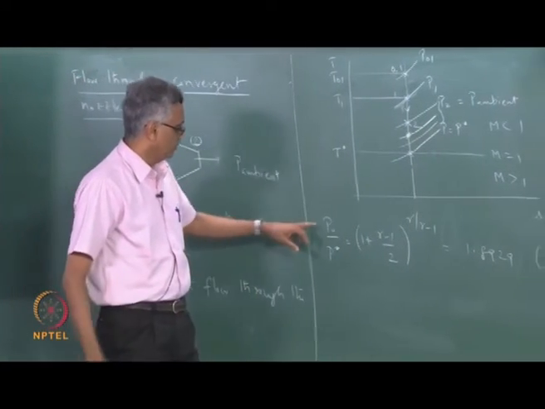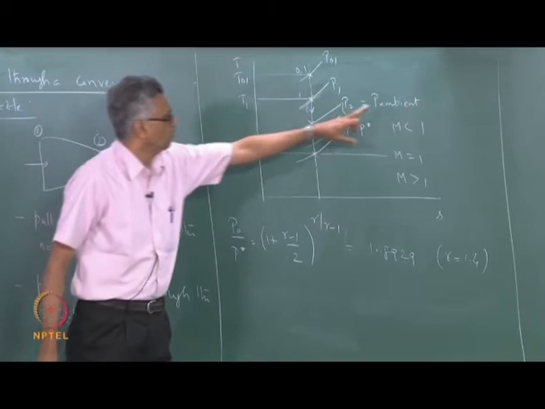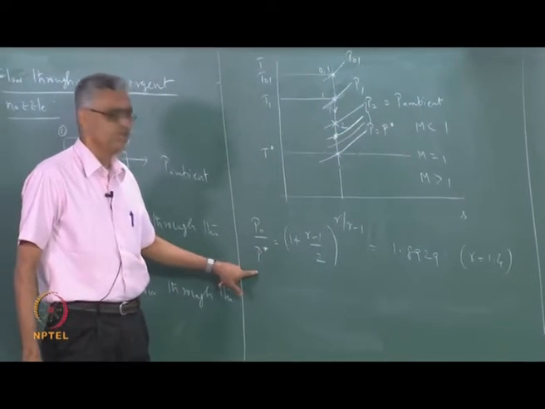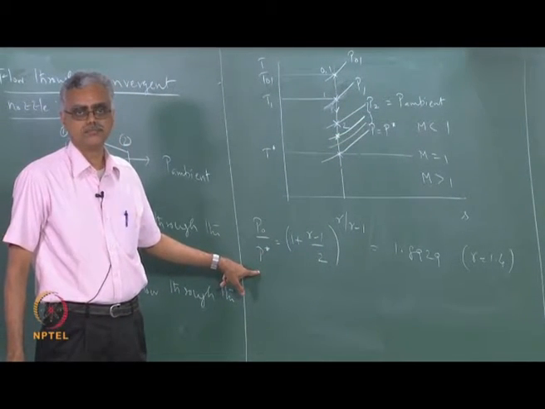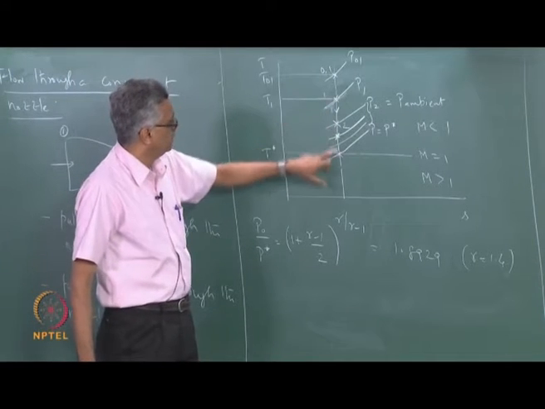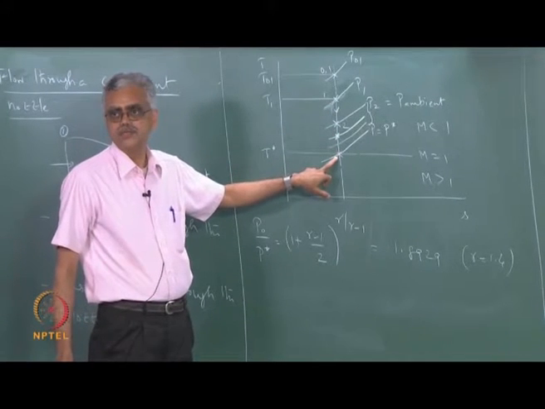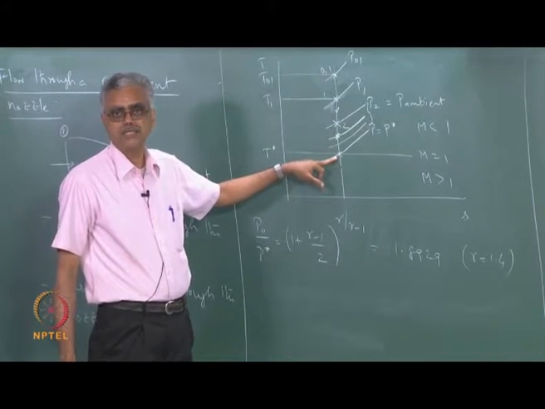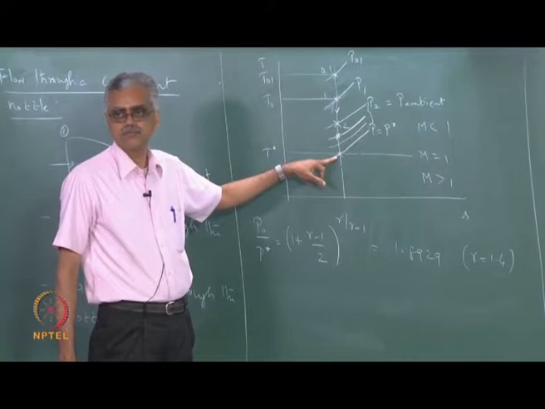So if I know my stagnation pressure and I lower my ambient pressure to a value equal to this, then the exit velocity reaches the speed of sound and the exit state becomes the sonic state.